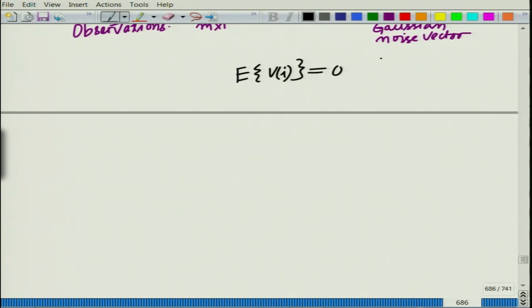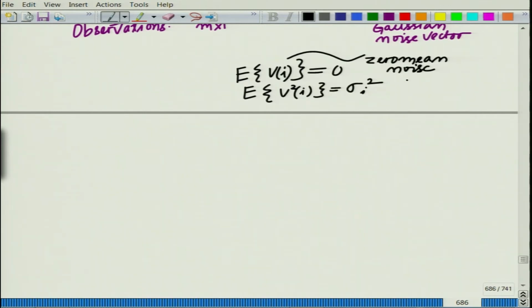So this is 0 mean noise, and the variance is the expected value of Vi square, which is equal to sigma i square.